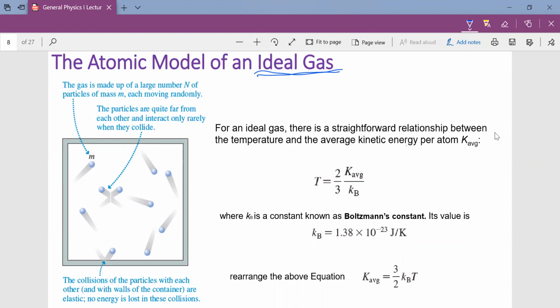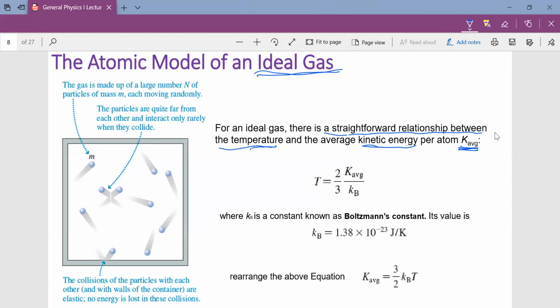So we'll go straight to establishing the important facts, which is the relationship between temperature and kinetic energy. Because the particles are constantly in random motion, some of them will be moving at different speeds. So we describe their kinetic energy in terms of an average, because not all of them have the same speed.